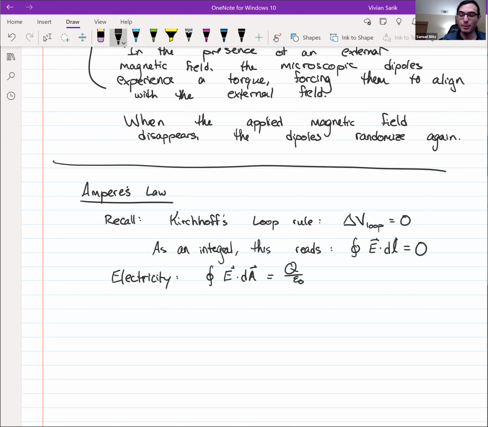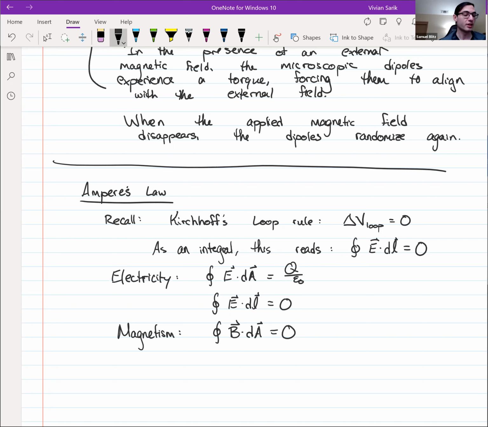And what we just established is that E dot dl for a closed loop is 0. Now, one thing that we've already established for magnetism, and by the way, this is getting to Maxwell's equations, is that B dot dA is 0.